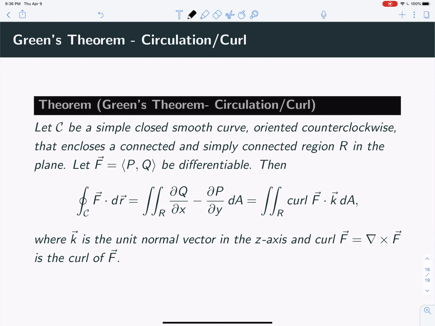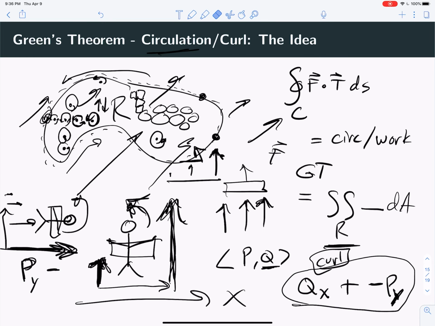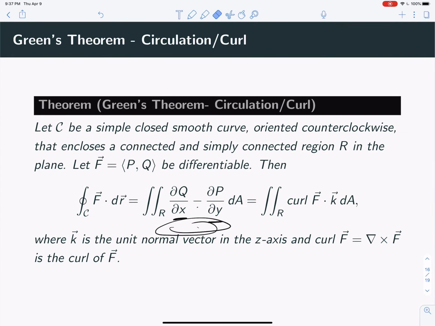That gets turned into the actual theorem, which says that if you take Qx and the negative of Py, and you add those up, that gives you how much circulation is happening. Okay, and we saw that right there. We had the Qx and the negative of Py. And so that's curl. So technically, curl is a property of F, and we're just pulling off the k component of curl.